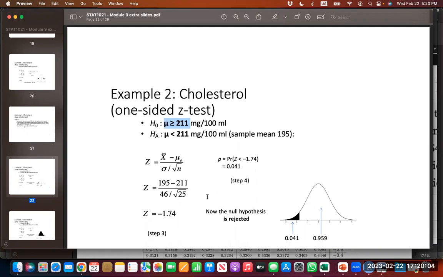Now your null hypothesis is that the sample mean is equal or greater. Okay. So you're taking equal and then everything above, that would be your null hypothesis. Everything below that population mean would basically be your research hypothesis.